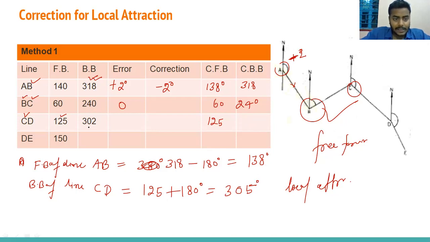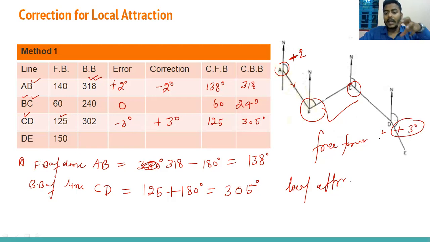But you can see in this case, at D, we are getting 305, and the back bearing given is 308 degree, and we are getting 305 degree. Means there is a minus 3 degree error, and then we can do the correction, that is plus 3 degree.